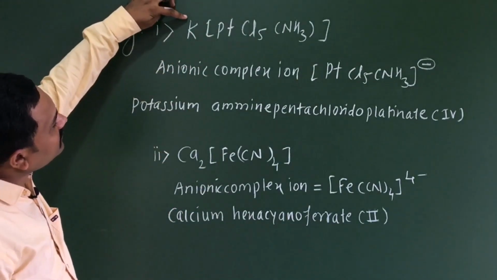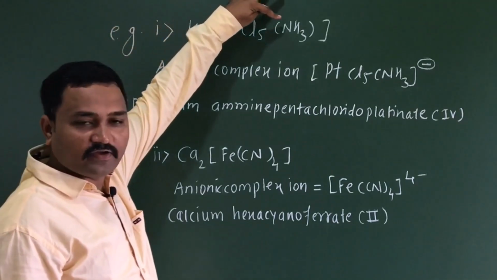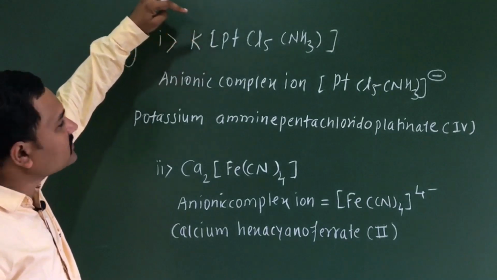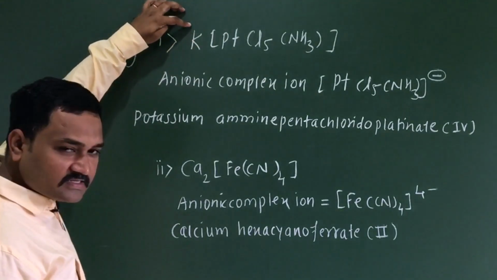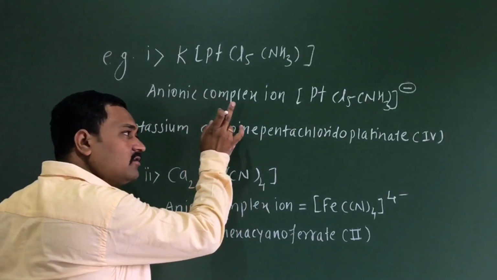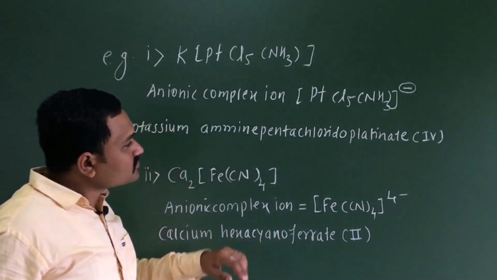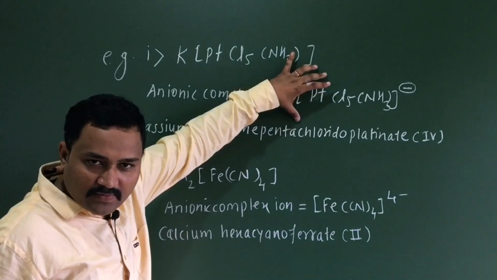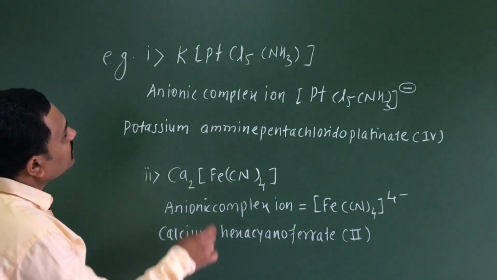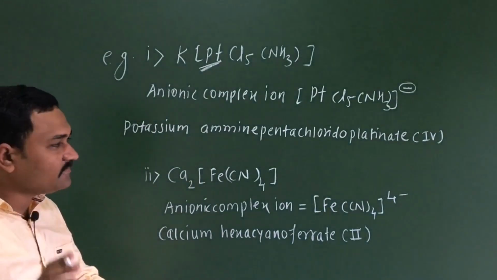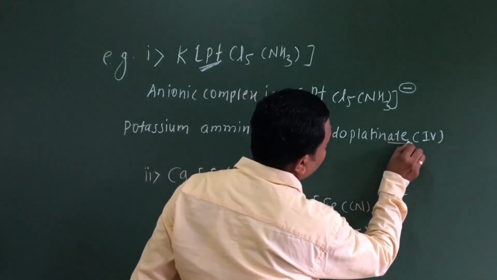You can observe K[PtCl5(NH3)]. So if I dissolve this complex, you will get the potassium ion, that is K+, and the anionic complex ion as [PtCl5(NH3)]-. So it is an anionic complex ion. Hence the name of this central metal atom or ion ends with the suffix ate.